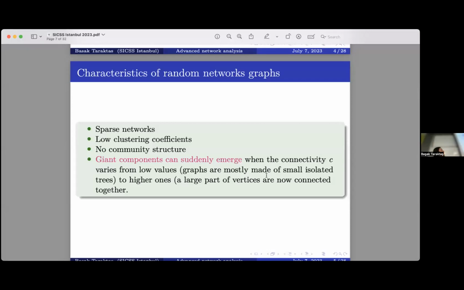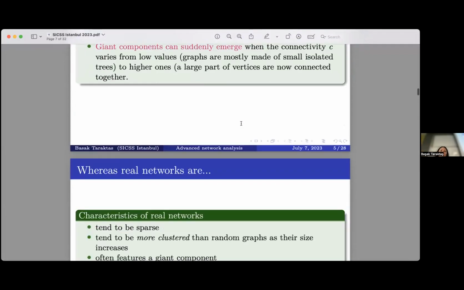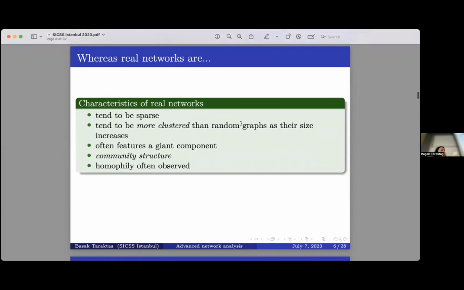So this is basically the idea behind random graphs. So random graphs, again, I want to emphasize the driving force behind tie formation is probability and randomness. And are they any useful to understand real networks?